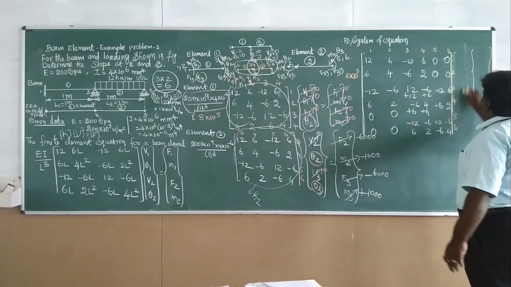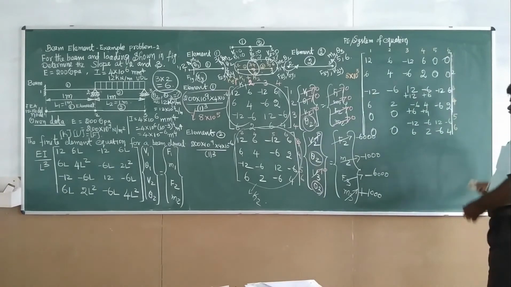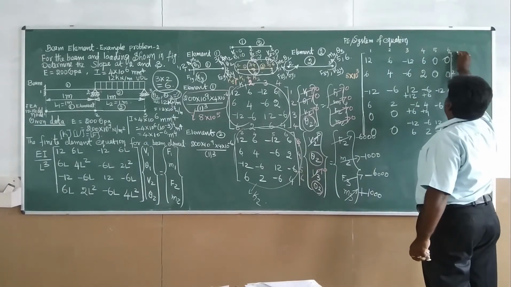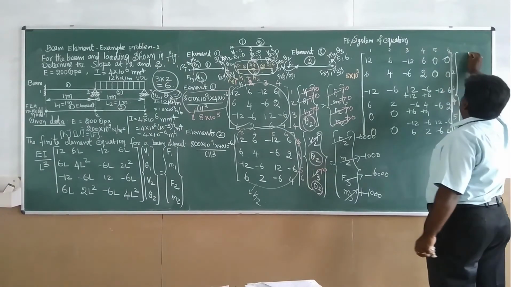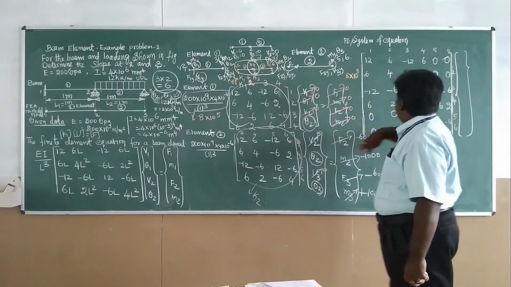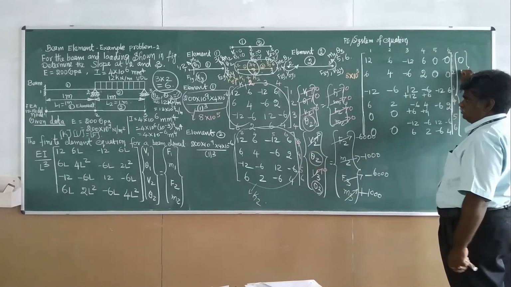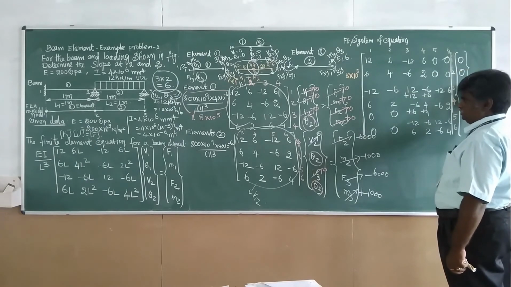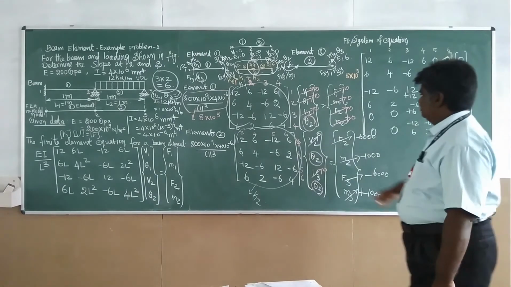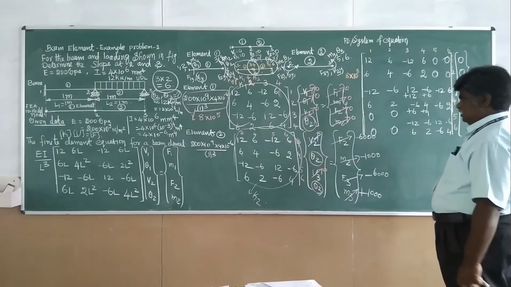Next we have to form the global displacement vector. Considering element 1, V1 is 0, theta 1 also 0, V2 also 0, theta 2 we have to calculate.